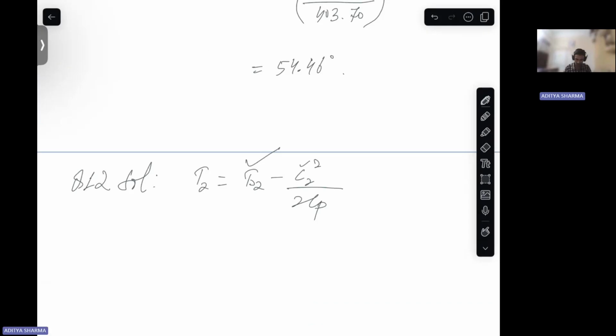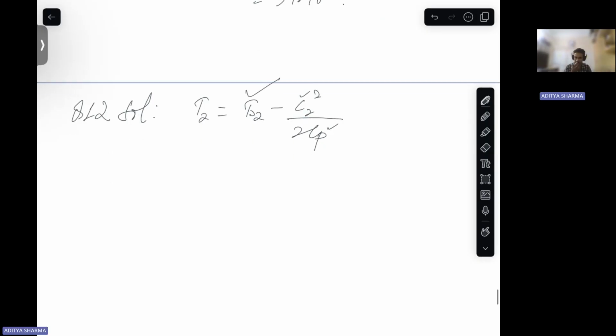Then C2 we need to find out. Cp we have, and then T2 we need to calculate. So C2 for root is equal to CA2 by cos alpha 2.